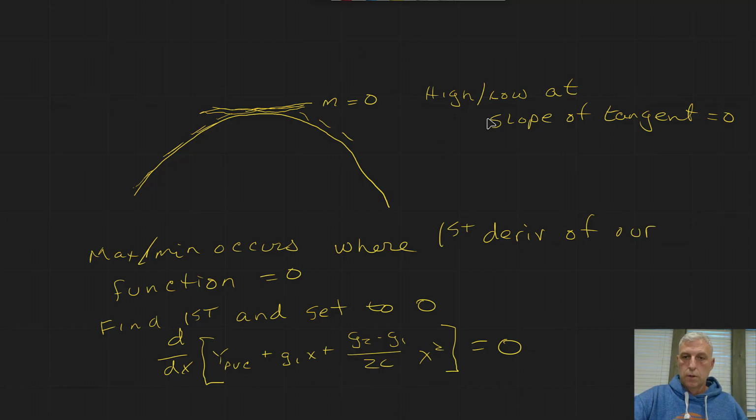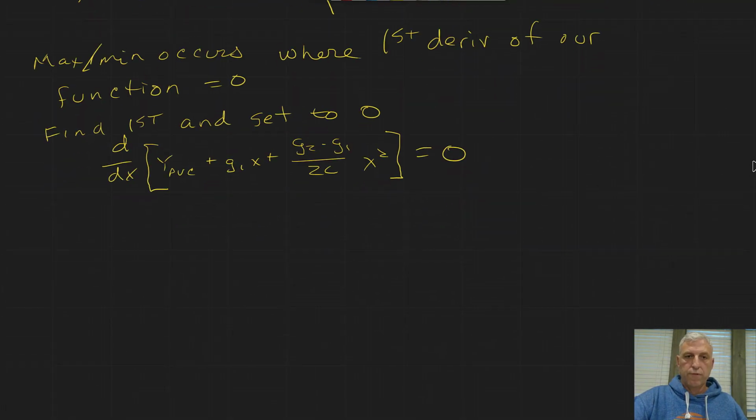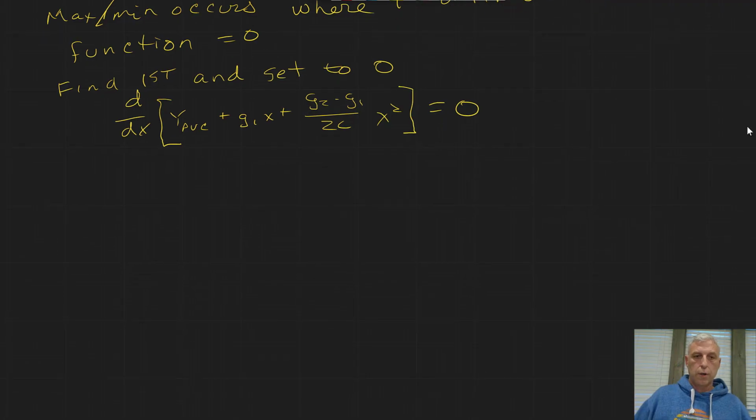Okay? So if we find the first derivative and set it equal to 0, well, let's see. Y PVC goes away. So we have the coefficient g1 plus the 2 comes down. So we have plus 2 times g2 minus g1 over 2L times x, and that equals 0.